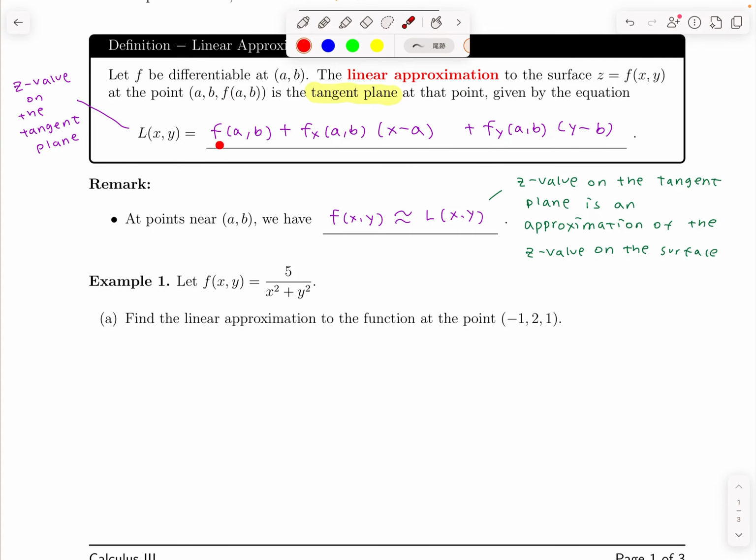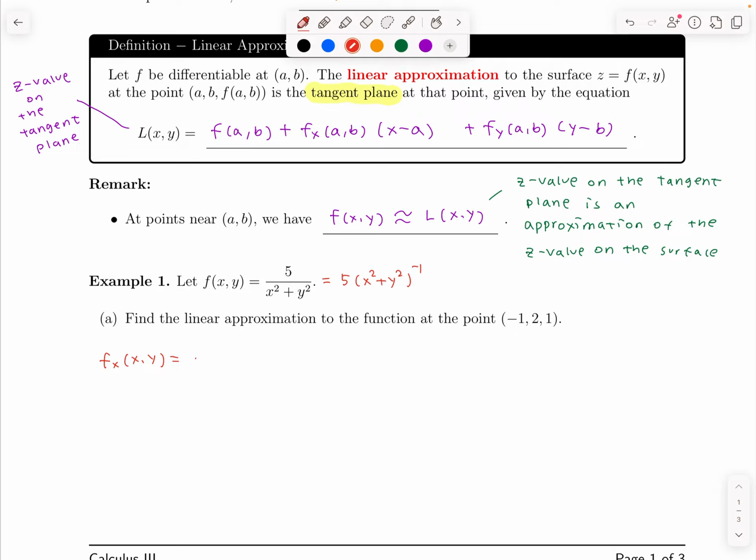But we also need our partial derivatives. So let's write down the partial derivatives. f sub x of x comma y. Right here, you can think of f of x comma y as pi times (x squared plus y squared) to the -1. So when you take the derivative, you just need to apply the power rule.